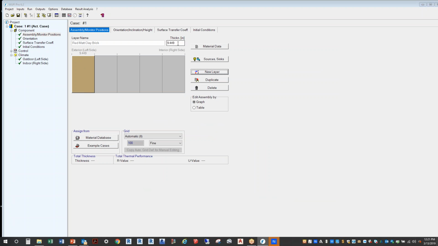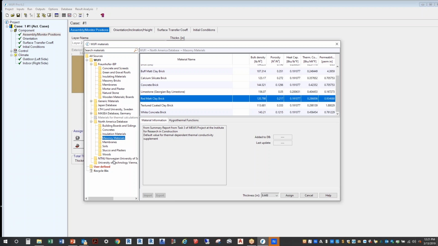It came in at 9 inches thick. We're going to say it's 3.625 inches thick. That's our brick. Here we have an airspace.